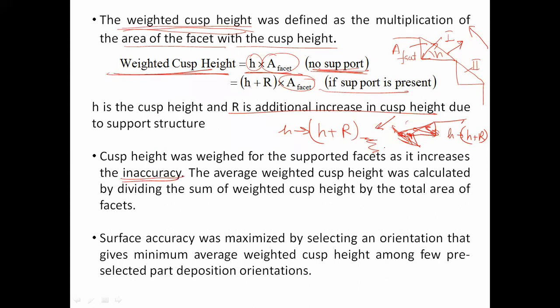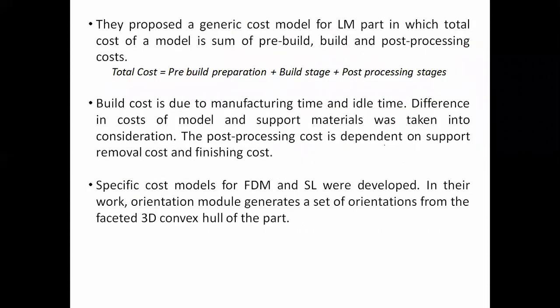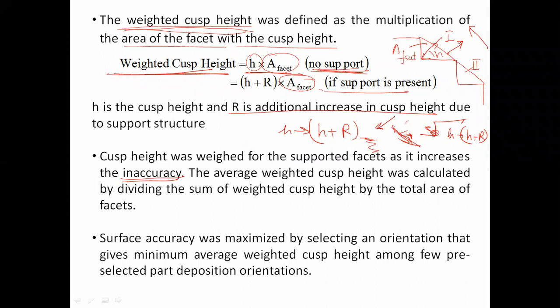Why does it increase the inaccuracy? When you add a support structure, the support structure increases the surface area of that particular layer. Increasing the surface area also results in an increase of surface roughness, because the support structure is generally prepared coarse, whereas the build structure is generally prepared finer.